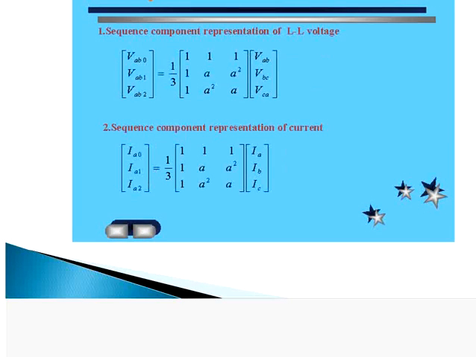The same policy applies to currents. In some question papers they will specifically ask you to represent in terms of currents, or in terms of voltages. 90% of the time we derive in terms of voltages only.